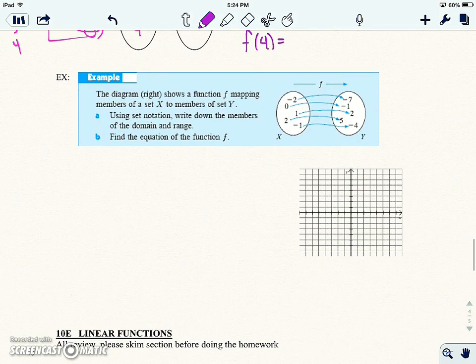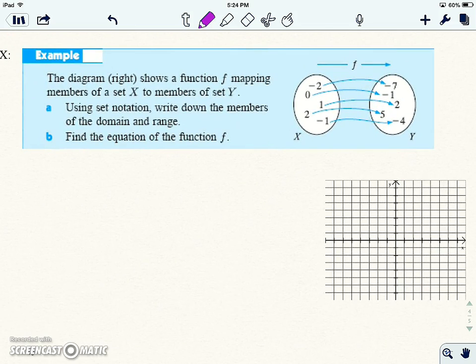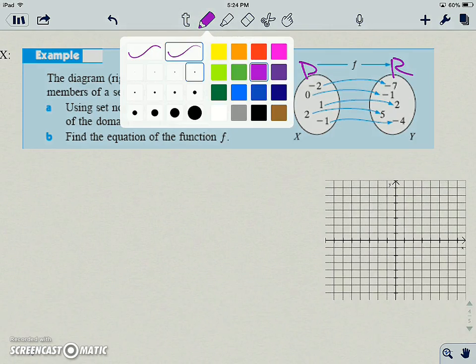Let's look at this. It says, the diagram shows a function mapping. Using set notation, write down the members of the domain and range. Well, we know this is the domain, and this is the range.